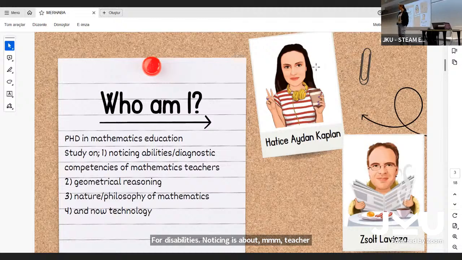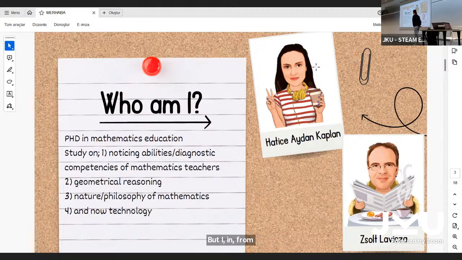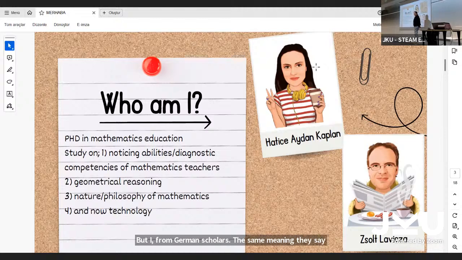But I was inspired by German scholars who use the same meaning. They say diagnostic competencies. So I used diagnostic competencies instead of noticing in my thesis.